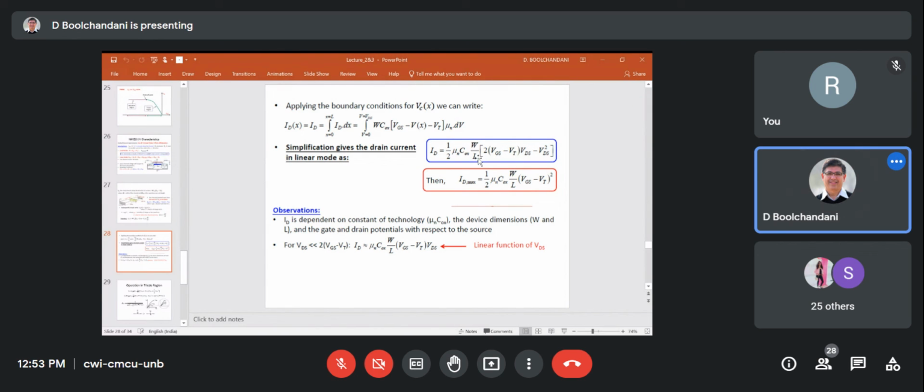If you take the 2 outside, this is going to be maximum when VDS is equal to VGS minus VT, and that value is given by half mu n COX W by L times (VGS minus VT) whole squared. So the drain current depends on the technology constants, mu n and COX, the device dimensions W and L, and the gate and drain potentials with respect to the source.